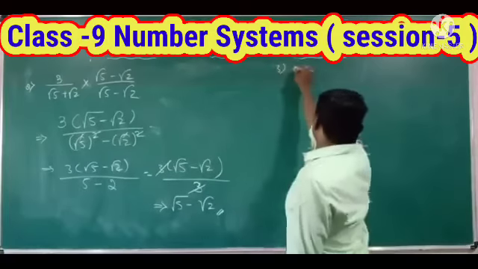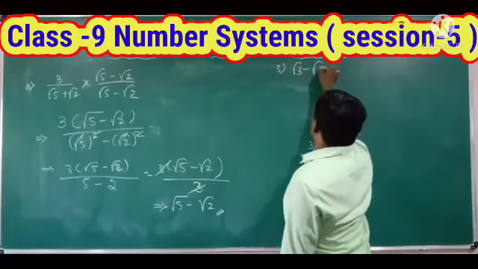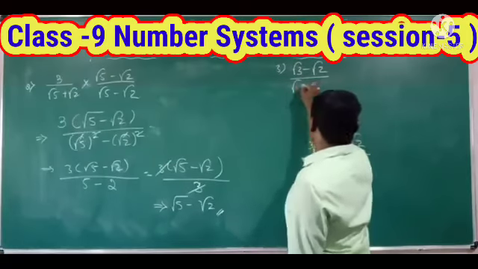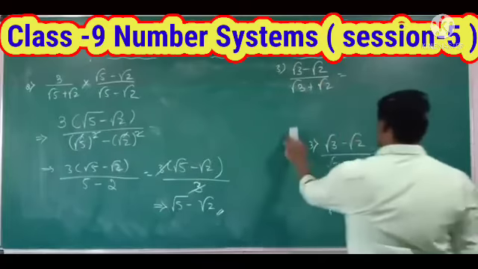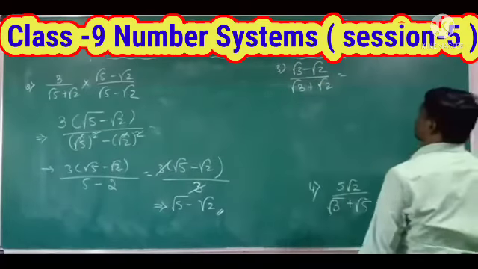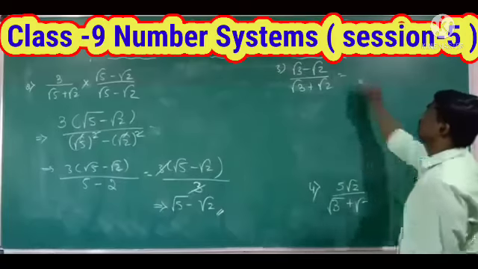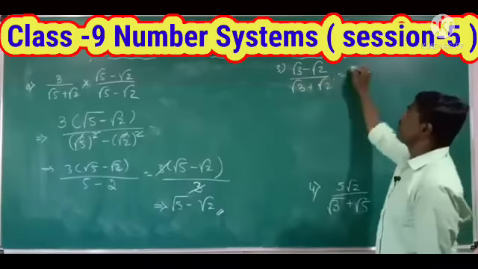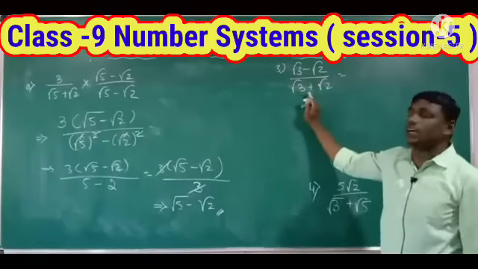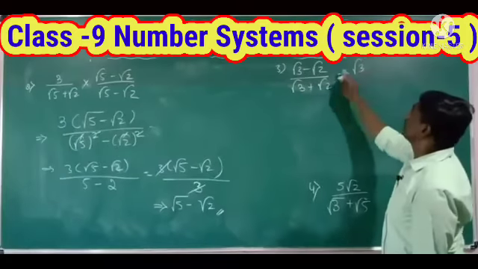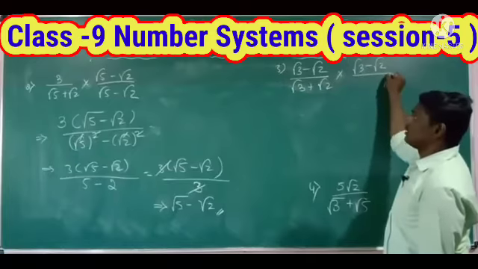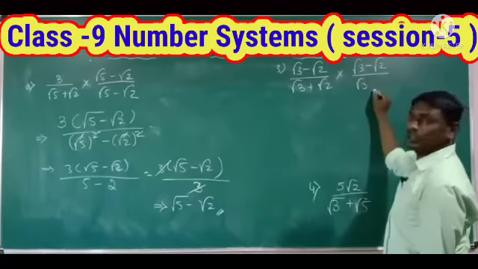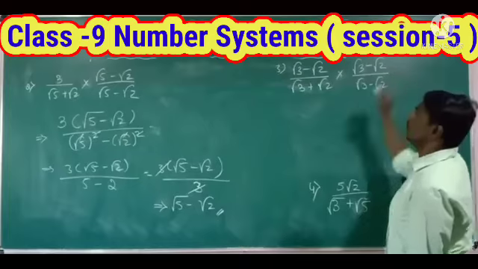Third one is root 3 minus root 2 divided by root 3 plus root 2. Rationalize the denominator. What do we need to multiply? The least rationalizing factor, root 3 minus root 2 divided by root 3 minus root 2.